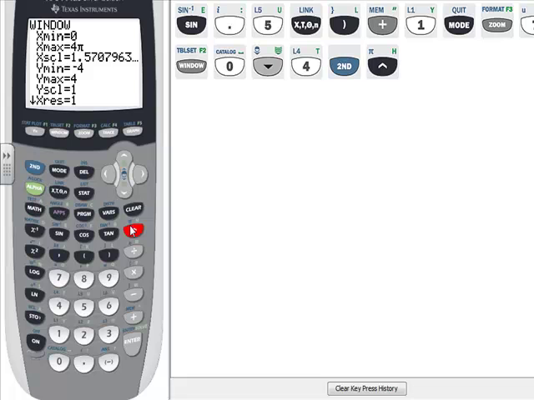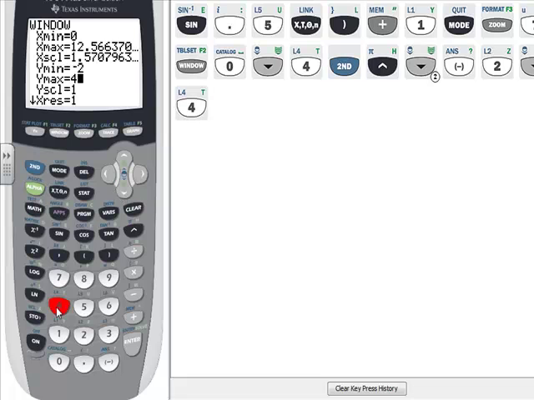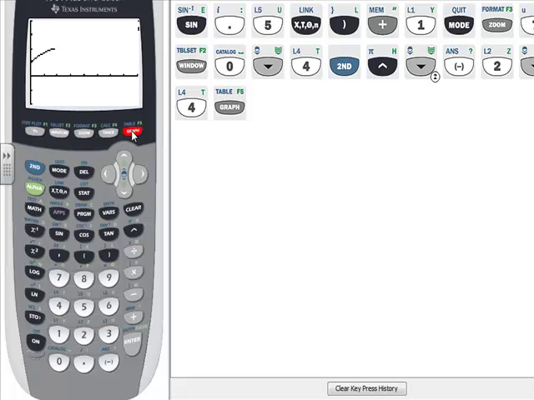I'm going to try to set this up exactly like what I see on my paper. I'm going to just let my tick marks do what they do. But I see that this is going from -2, and the y max value is 4. So now I'm going to hit graph, and I'm going to look at it and hope that it looks like what I see on my paper. And it does.